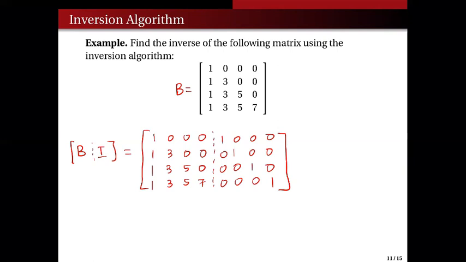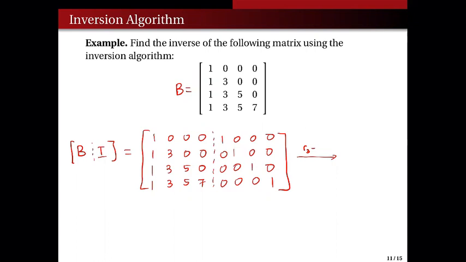So what I'm going to do is to start with this row 4. And then what I'm going to do is to subtract row 4 minus row 3.